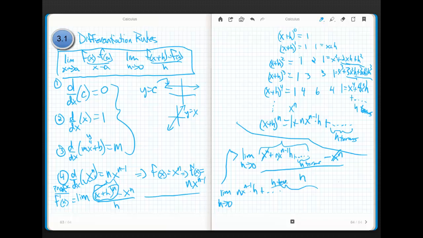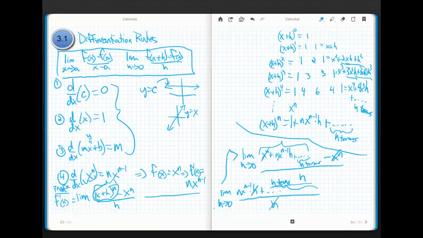And these h terms have a degree higher than 1. Now why is that important? Watch. Because this h cancels with this h, and then it cancels with a whole bunch of these guys. But I have additional h terms in there.